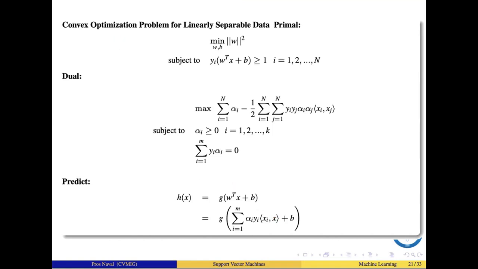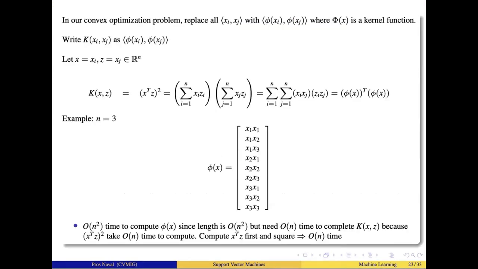Let's take a look at the kernel. In our convex optimization problem, we will replace this dot product with this dot product of kernels. In other words, we have a kernel function, and we input that value xi to the kernel function, and we have this value. Then you do that dot product.